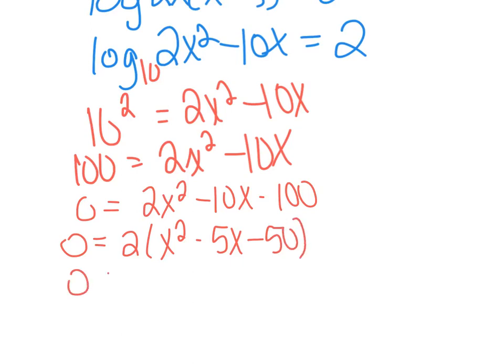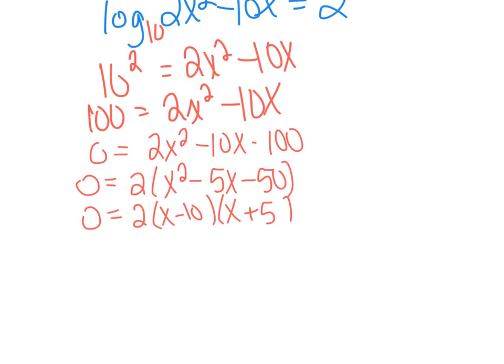Now I just need to factor that apart. I need a factor pair of 50 that adds together to be negative 5. So I have x and x. If I'm thinking on those terms, I have 10 and 5. So I need to have a negative 10 and a plus 5. Again, if you divide out the 2, it's basically gone.